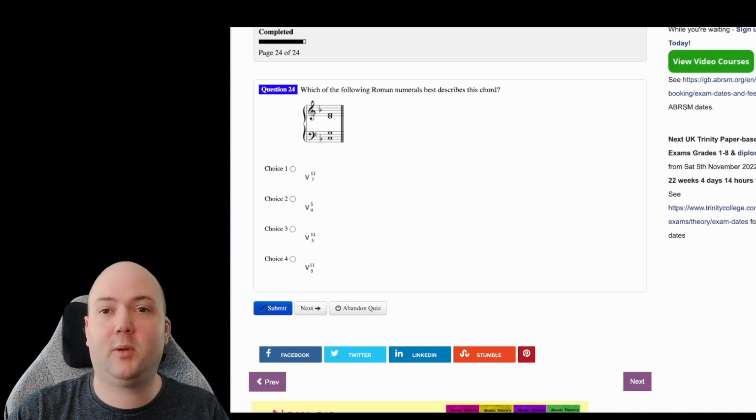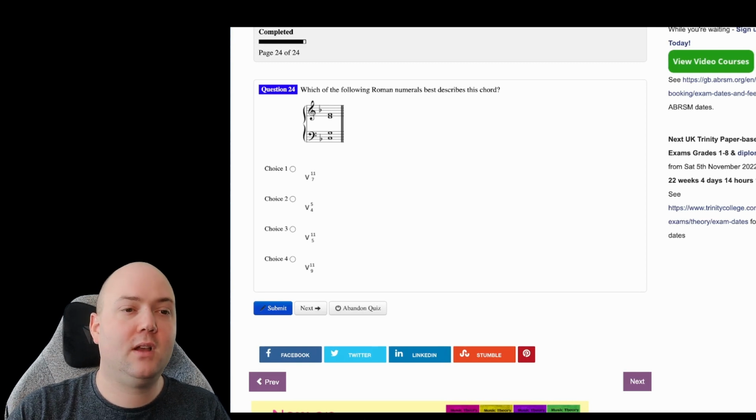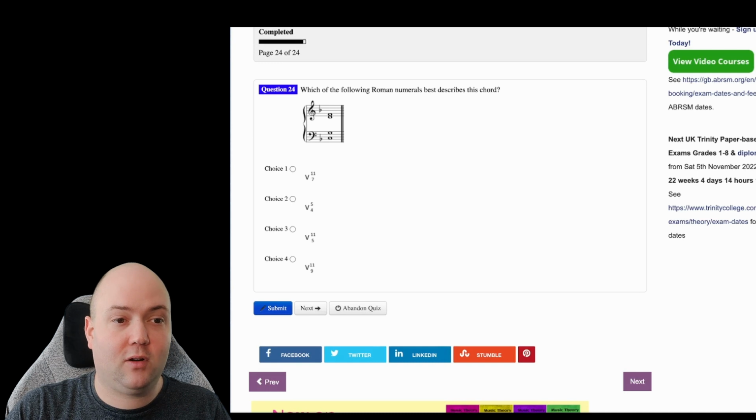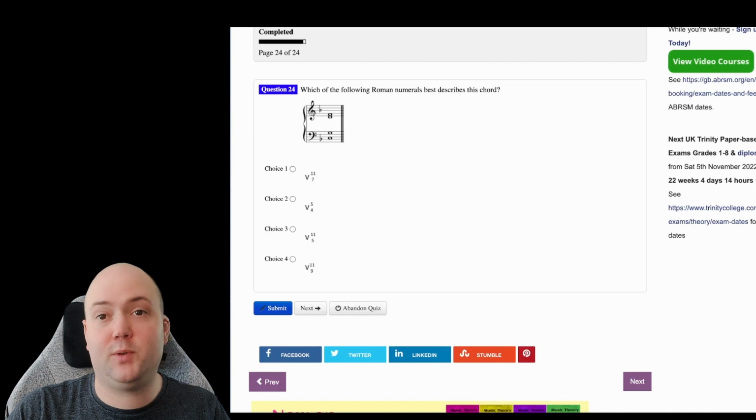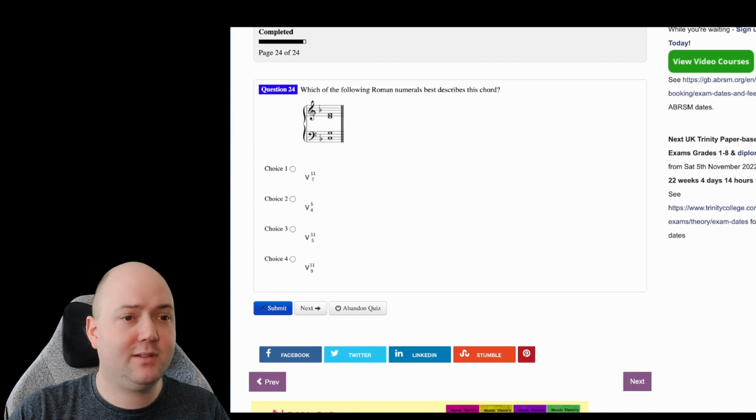But again, going back to what I was doing before, these are the intervals above. Since these are all 5 chords, we know that the C is going to be our bass based off of the key signature. So what is an 11th above C? That's going to be an F. So we do have an F. And what is a 7th above C? That would be a B, which we do not have. So that's incorrect.